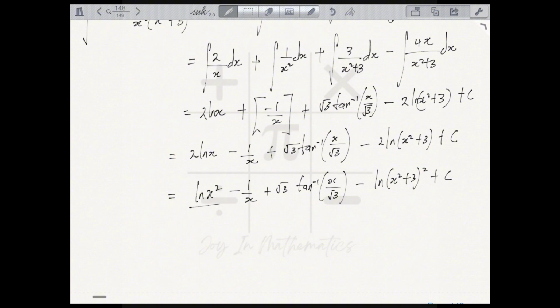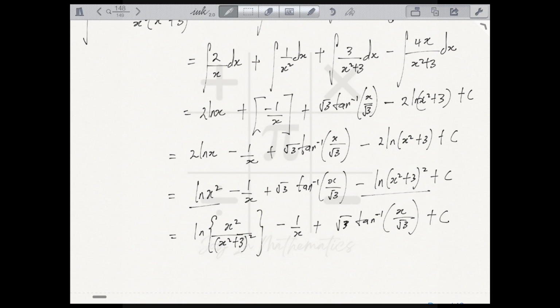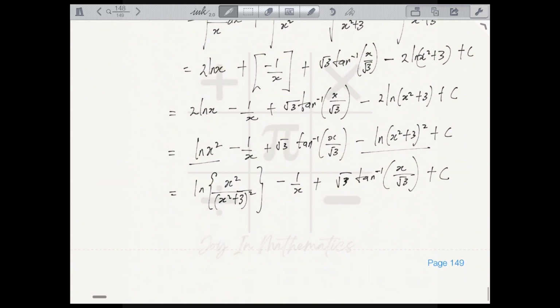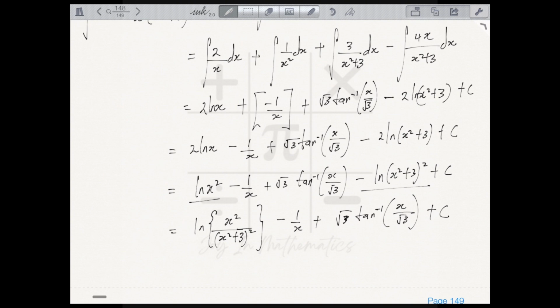Now we can still combine this and this together, applying the same law of logarithm to give us ln of x squared over (x squared plus 3) squared, minus 1 over x plus root 3 arctan of x over root 3, all plus c. It can be left like this, or we simplify further.